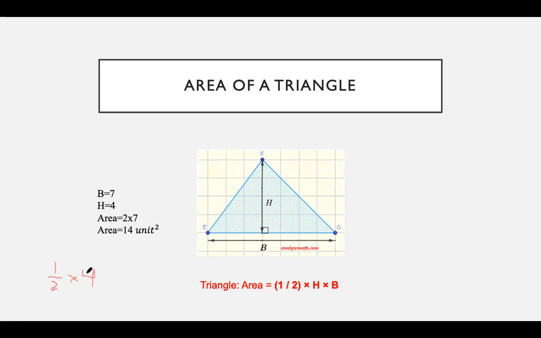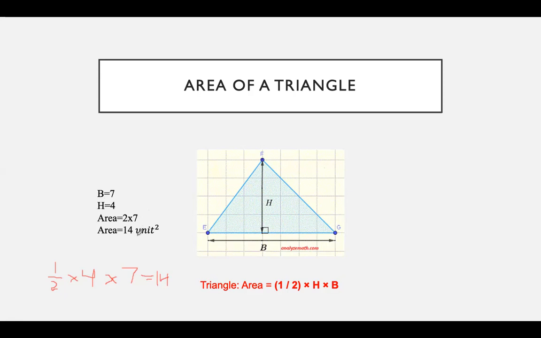So 1/2 times 4 times our base, which is 1, 2, 3, 4, 5, 6, 7. 1/2 times 4 times 7 should give us a value of, so 1/2 times 4 is 2, and 2 times 7 is going to give us 14. So the value of this triangle is 14.